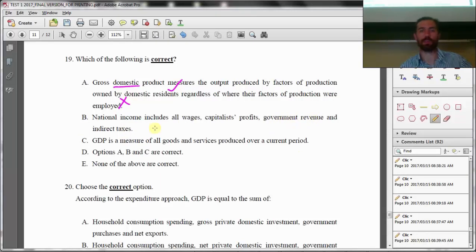I'd have to double check, but at least one thing is wrong there. Option C. GDP is a measure of all goods and services produced over some period. Well, no, it's only the final ones. So, option E, none of those are correct.